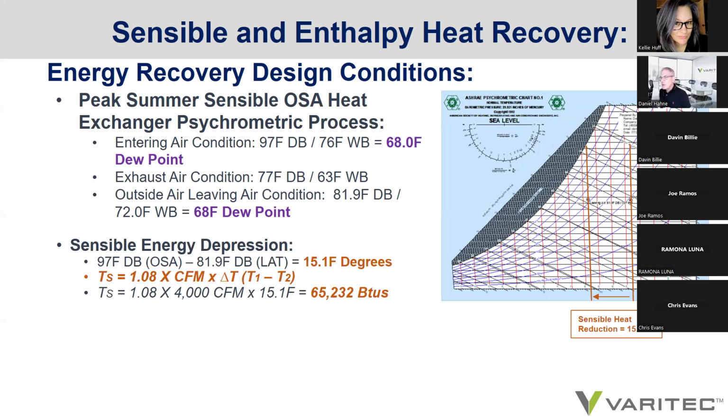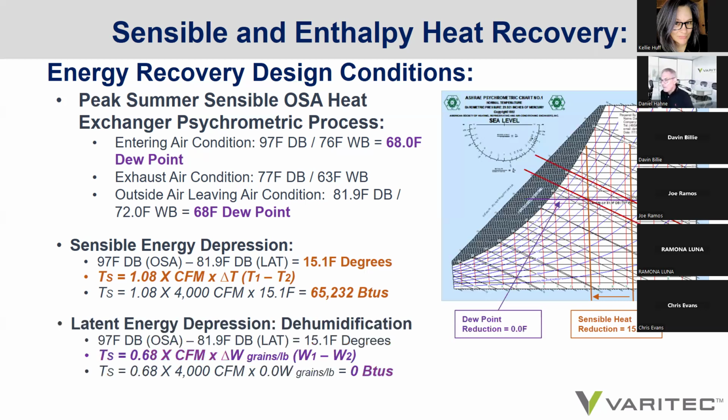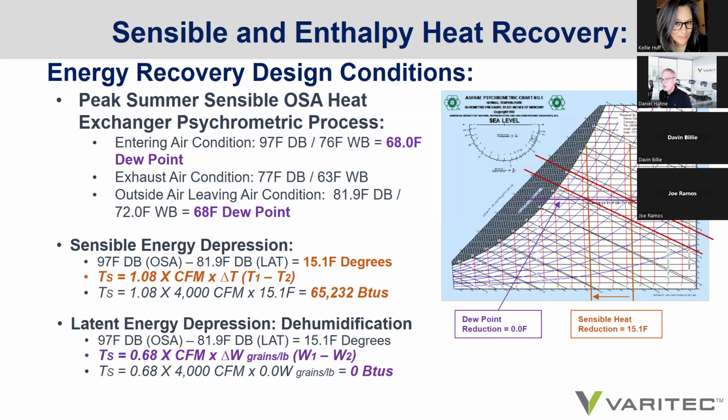So if we look at using a plate and frame heat recovery unit, we can actually get a reduction in the outside air of roughly 15 degrees, which looks at a sensible heat depression of 15.1 degrees. That calculates to an energy savings to the building of 65,232 BTUs. So that's substantial during the peak summer design condition.